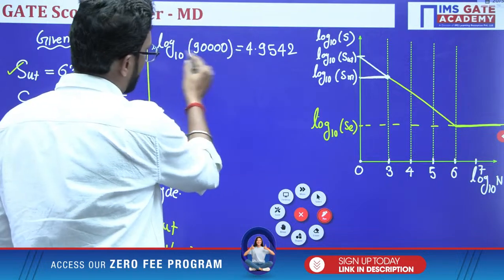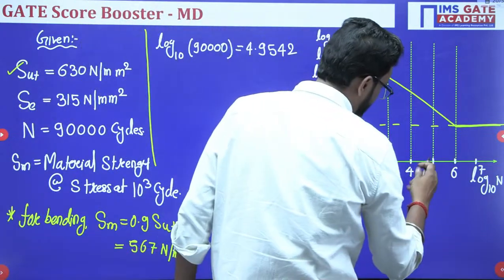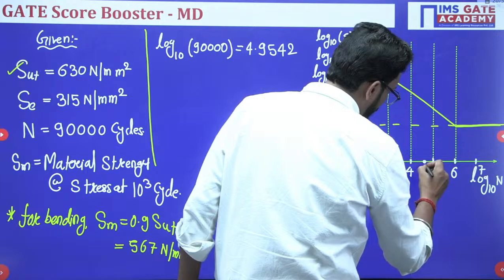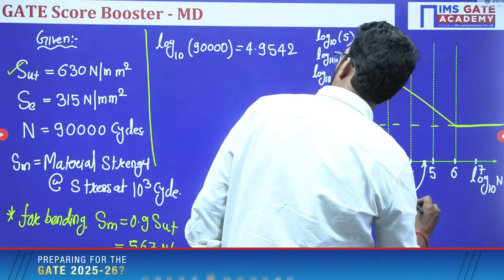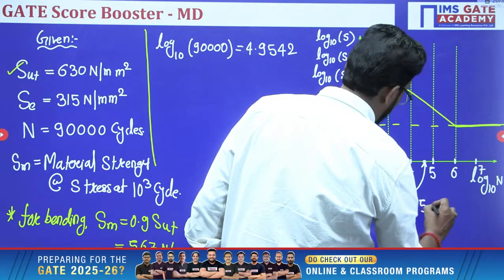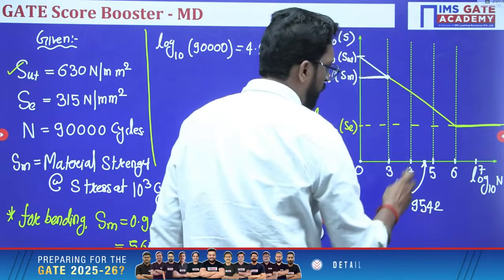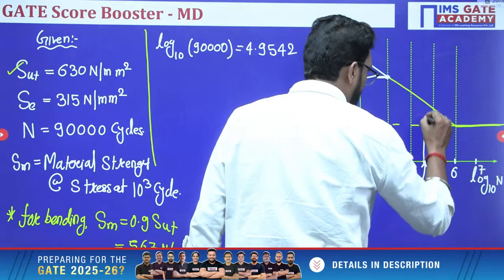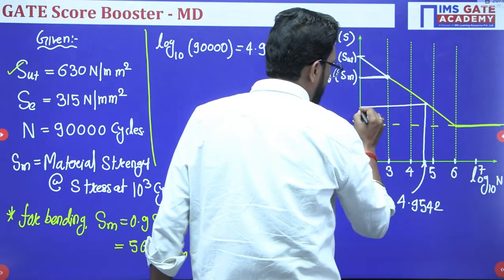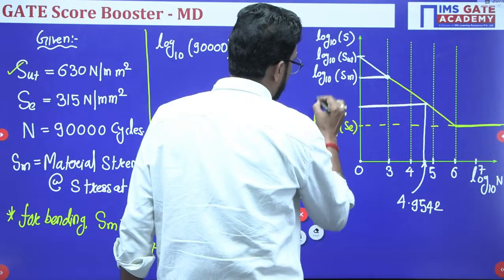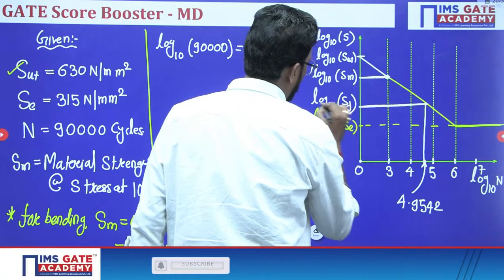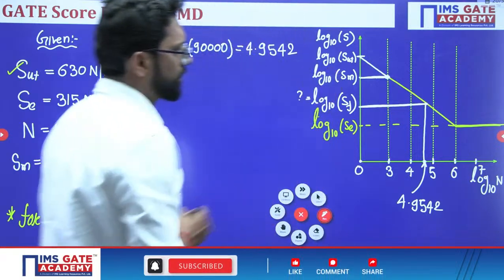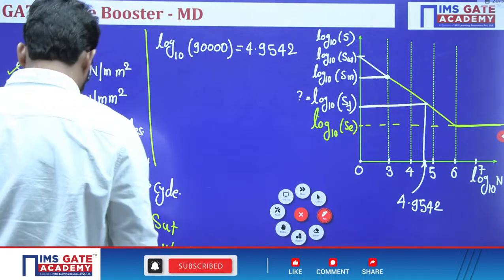So this is the point where the cycle is 4.9542. Corresponding to this cycle, what is the stress? That means log base 10 SF, we have to find it. This is our question.